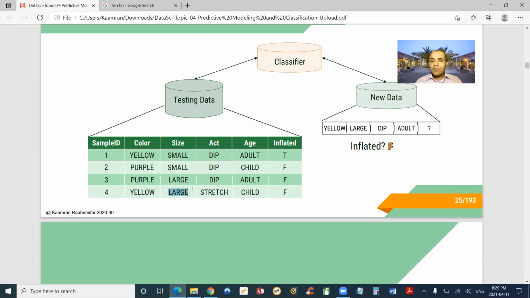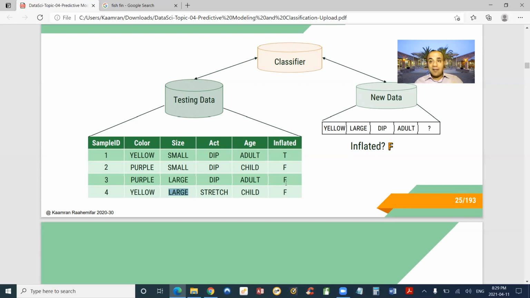When I had large, I had 100% F. When I had deep, I had 2 F's and 1 T. So if I say deep, I could potentially be leaning toward F. When I talk about adult, I'm 50-50 between T and F.